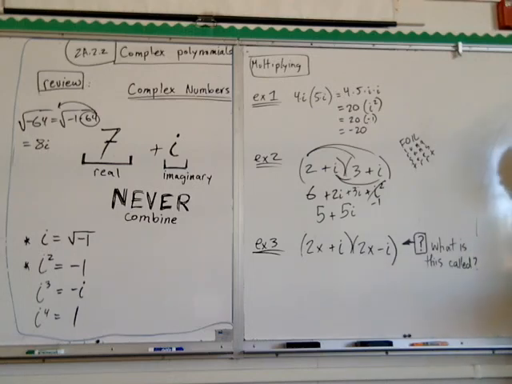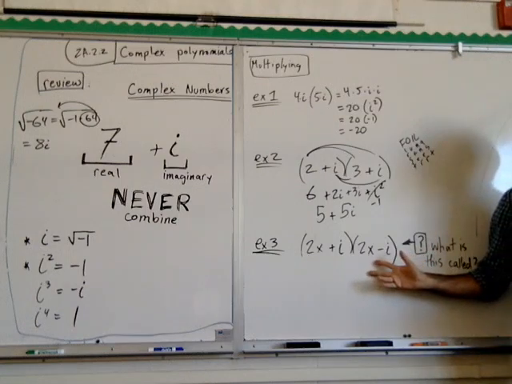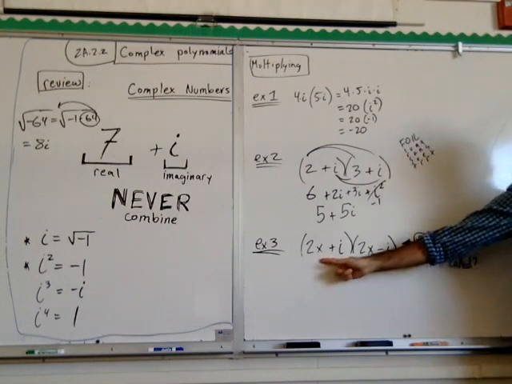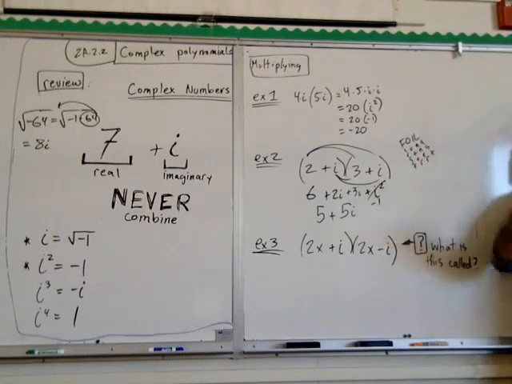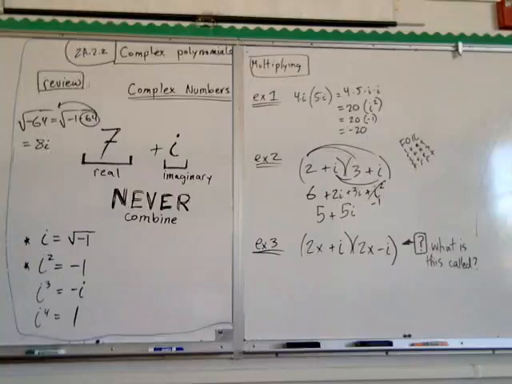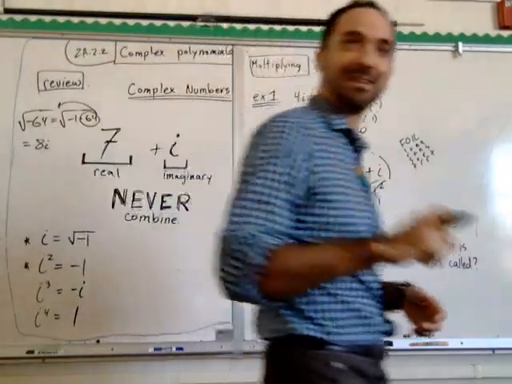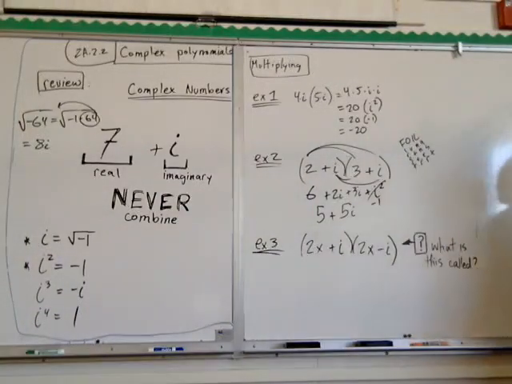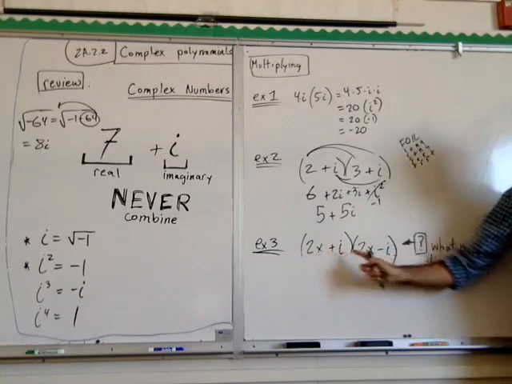Okay. Go ahead and tell me, what is similar between these two binomials? What is similar between this expression and this expression, and what is different? What's similar? What's different? They're both 2x, but one's a negative i, one's a positive i.